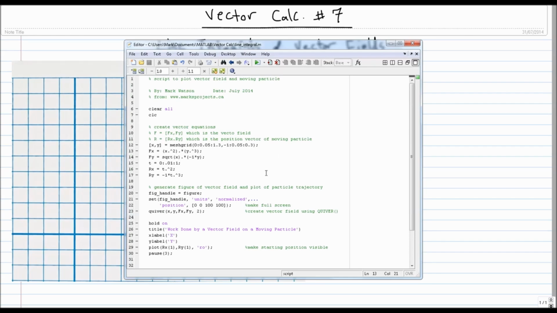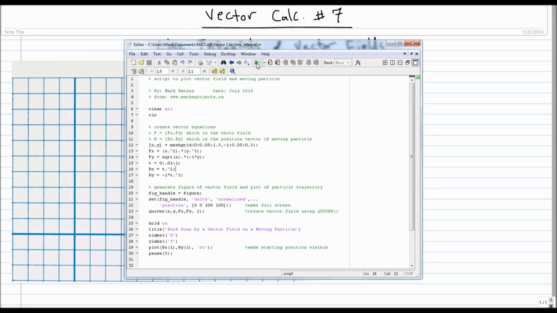I have this little MATLAB script here, and I'll discuss these equations in a minute, but when I run this, you're going to see an XY Cartesian coordinate system with a bunch of arrows on it, and that's the vector field. You can think of each vector as like a force field or something like that.